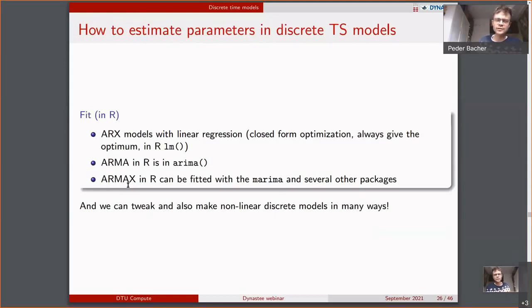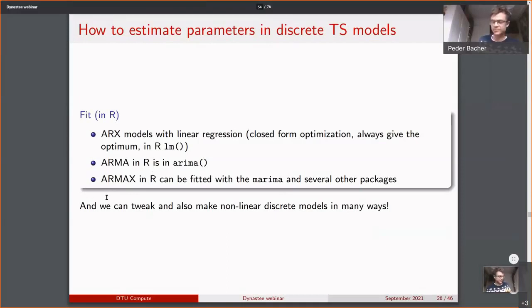Then you can use these models, and they are the best models. But they can also be tweaked in many ways, such that the model can be used for modeling nonlinear systems. We'll not cover that here, but from here you can use many techniques to tweak these to also include nonlinear effects in the models.